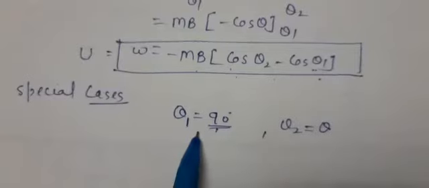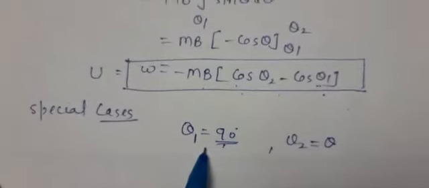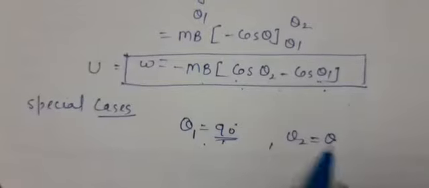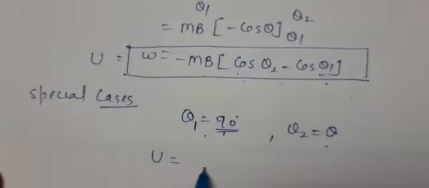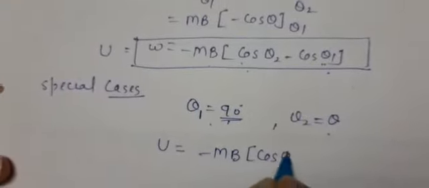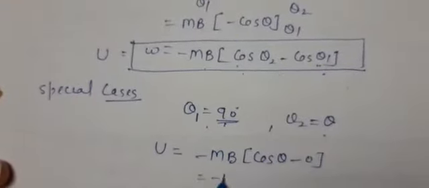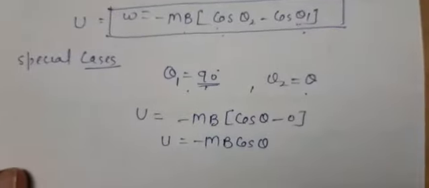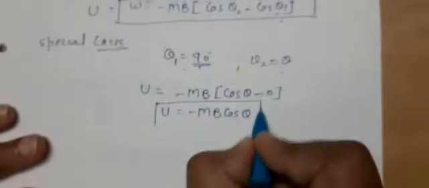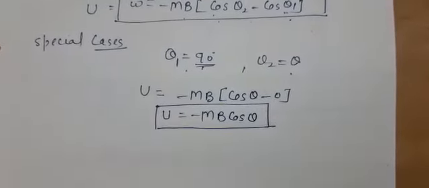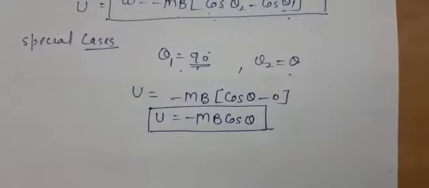It means initially if the dipole is perpendicular to magnetic field and then rotated through theta, so in that particular case this potential energy will be minus mb cos theta minus 0. It means minus mb cos theta, right? So this will be one particular case when initially dipole is perpendicular to the field and then rotated through any angle.